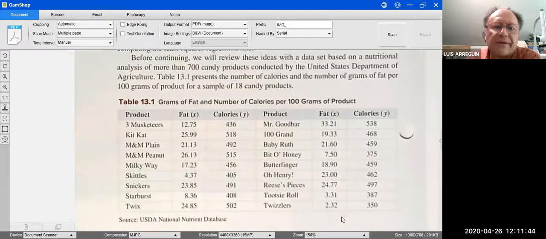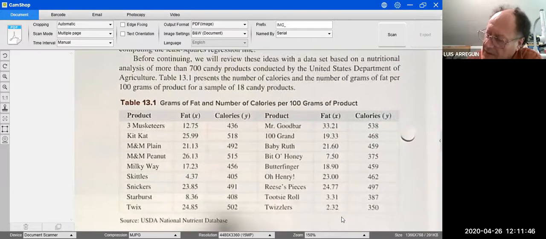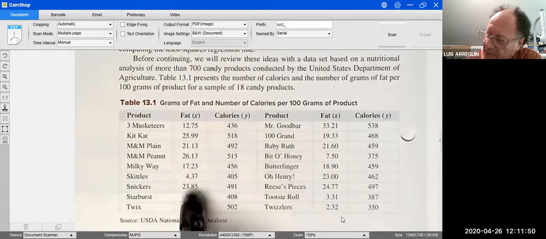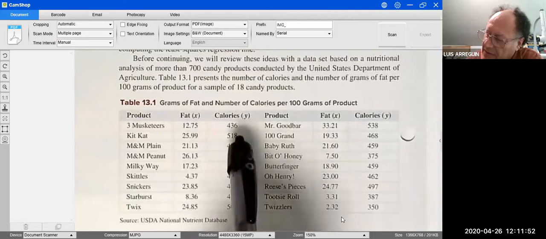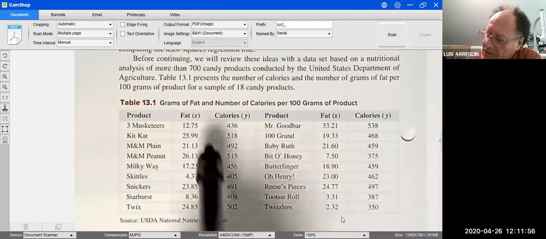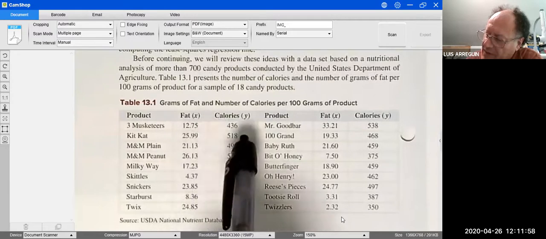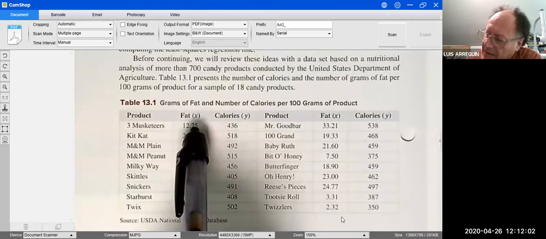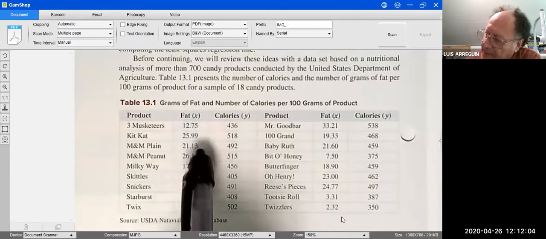So we have here the values for X, the explanatory variable, and the values for Y, those are the responses. So we are trying to explain calories by grams of fat.